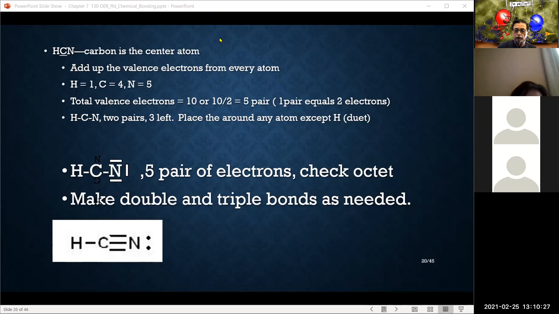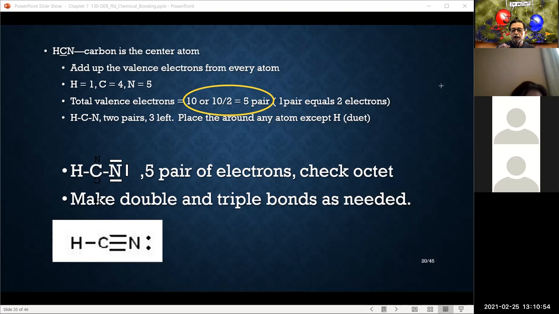Okay, I can't overemphasize this calculation right here, because this is where, well, obviously the majority of times you'll see points taken off, is that the calculation was not based on the correct number of valence electrons. The other thing to check is you always will end up with a number that is divisible by 2.